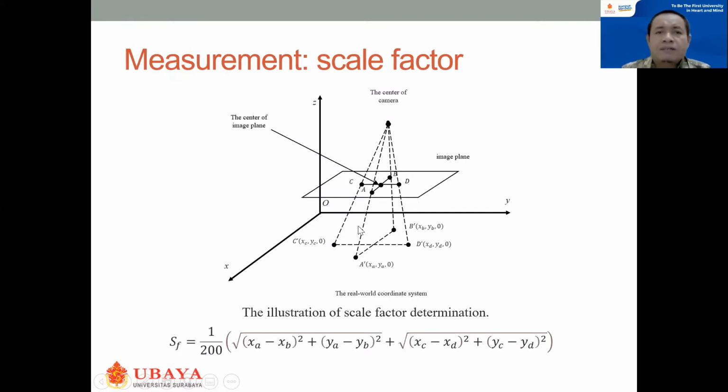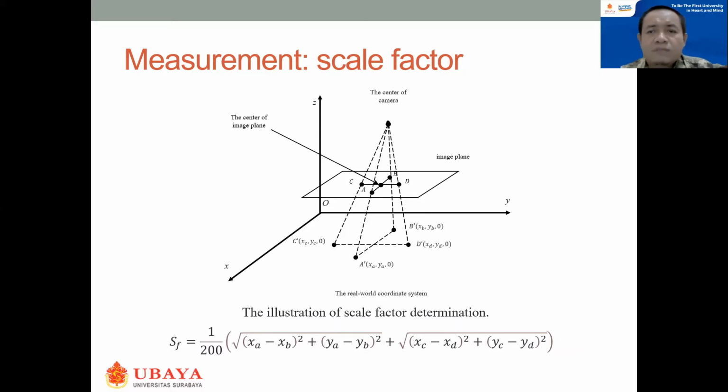After that, we perform the measurement process. First, we determine the scale factor that we use to convert area in pixel square to centimeter square, and length, width, and perimeter from pixel to centimeter.